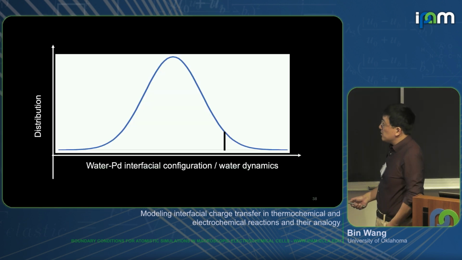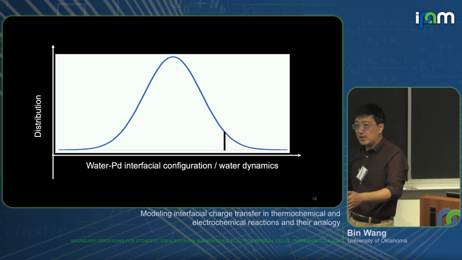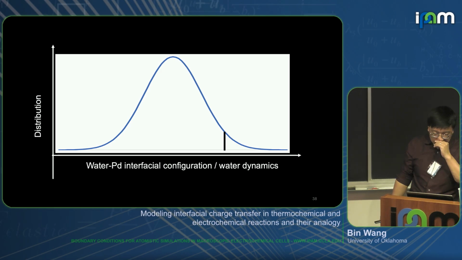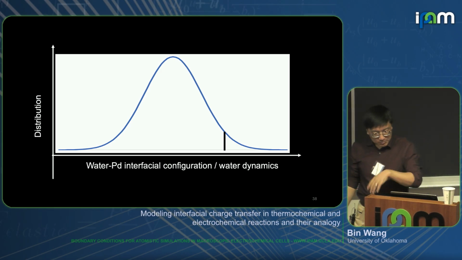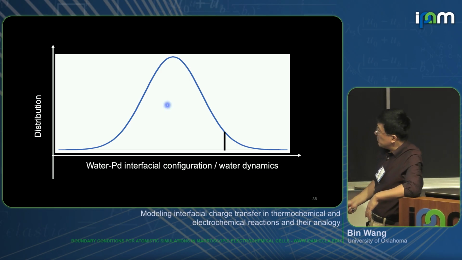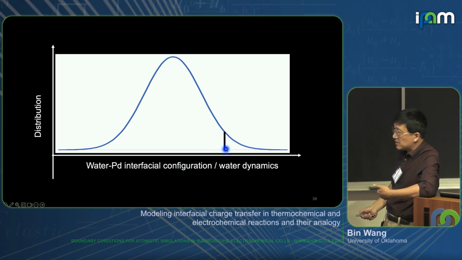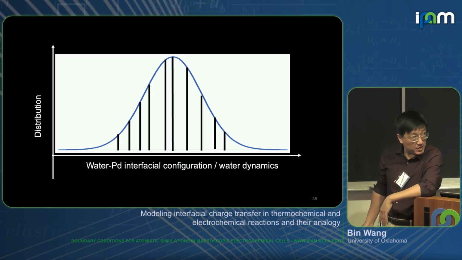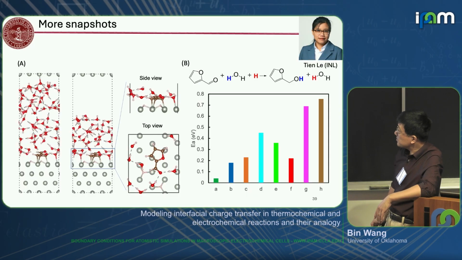Ideally, I would look at a broad distribution of water, sample that, and then look at the free energy for the different hydrogenation paths. But instead, what we did next is a simplified way. Instead of picking just one snapshot, we take many more snapshots and see how the kinetic barrier depends on the configurations.